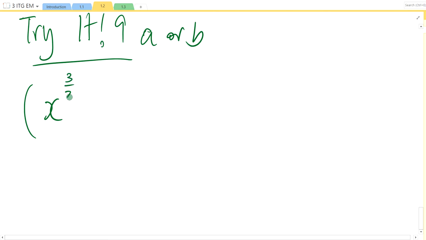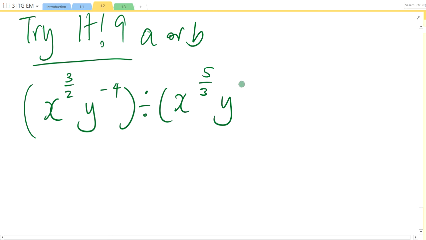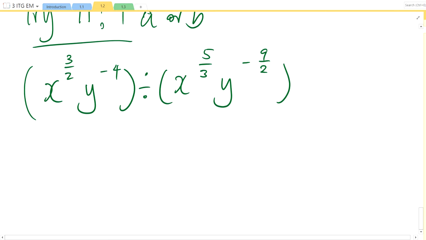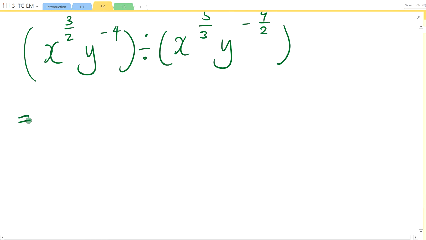X power 3 over 2, y power negative 4 divided by x power 5 over 3, y power negative 9 over 2. So complicated, right? No? Is it complicated? No. What shall we do first?